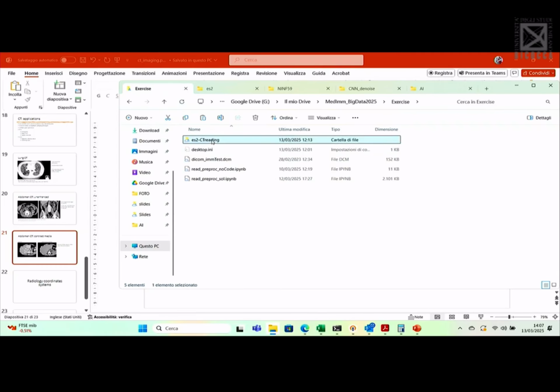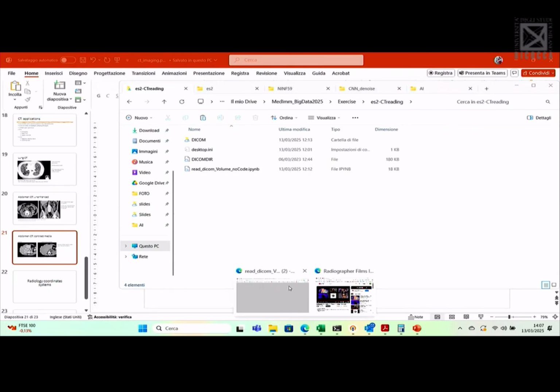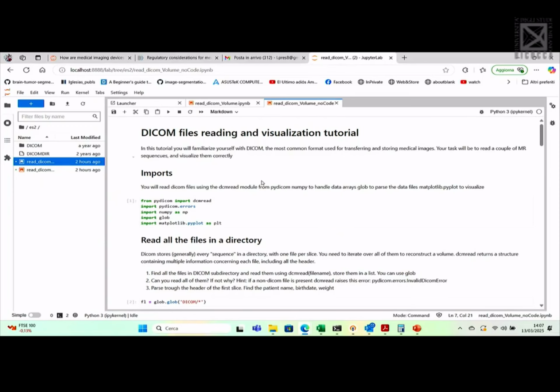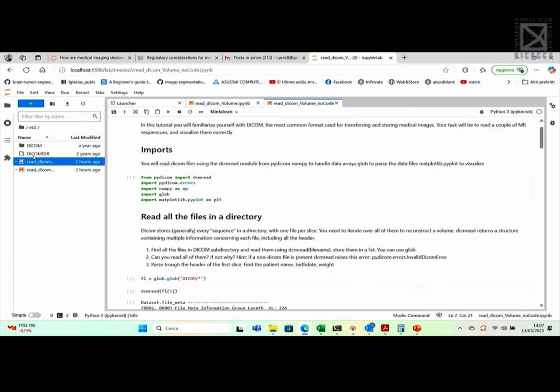Just to see how you can read the DICOM volume, and display a volume and display a CT with all the peculiarities of a volume and the CT windowing effects. This is pretty easy. We will use PyDICOM like the other time.